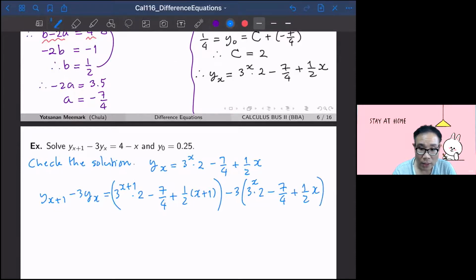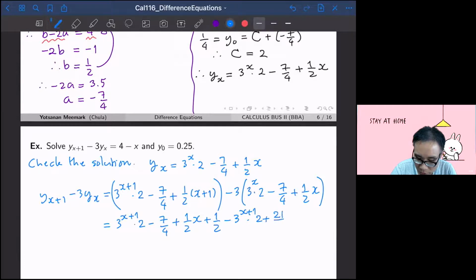Okay, and you see that this guy and this guy, let me multiply first. So it's going to be 3 to the x plus 1 times 2 minus 7 over 4 plus 1 half x. And you see that it's going to be plus 1 half minus 3 to the x plus 1 times 2, and you see this guy is going to be plus 21 over 4 minus 3 over 2 x.